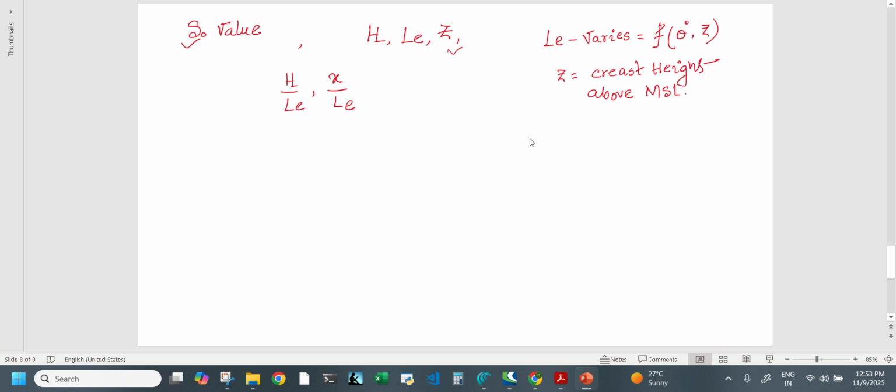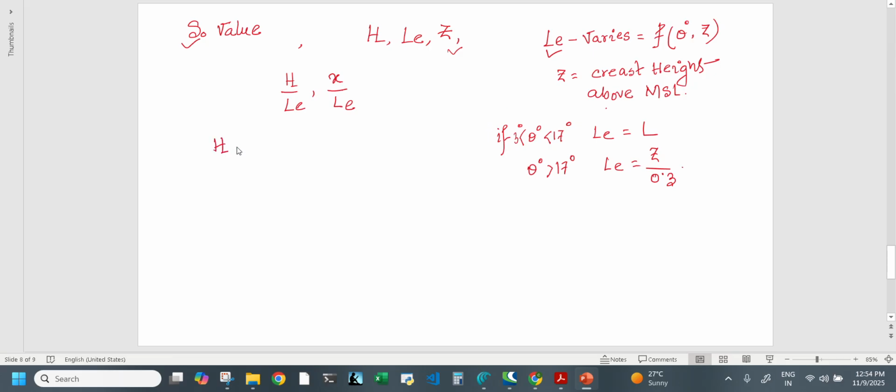So if theta is greater than 3 degree and less than 17 degree, LE is equal to L, and if theta is greater than 17 degree, LE is equal to Z by 0.3. So from this point we will get LE.